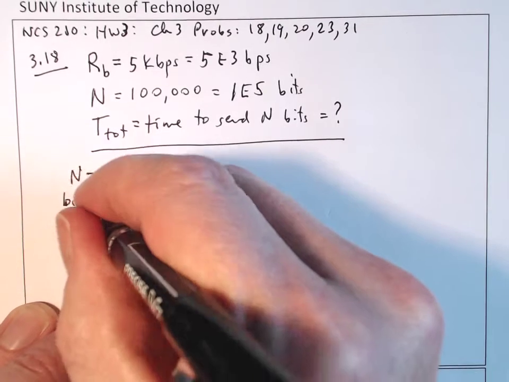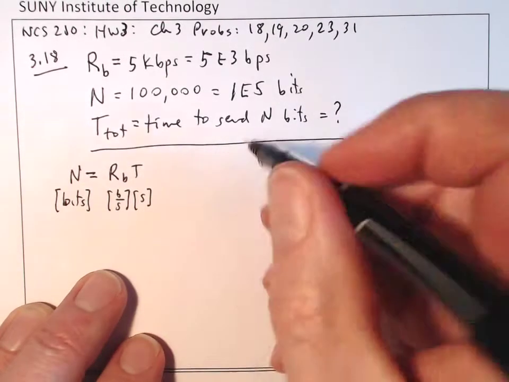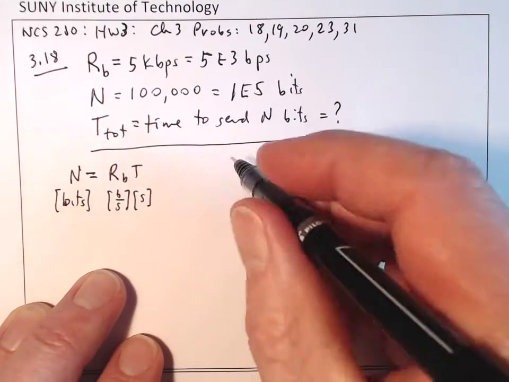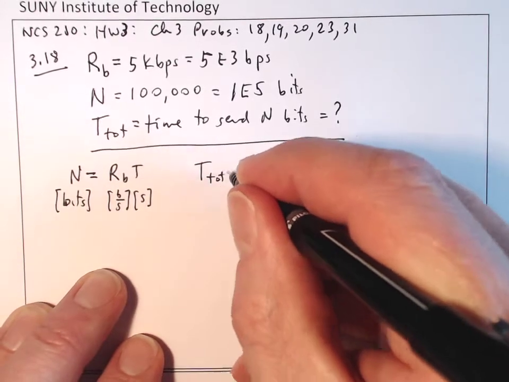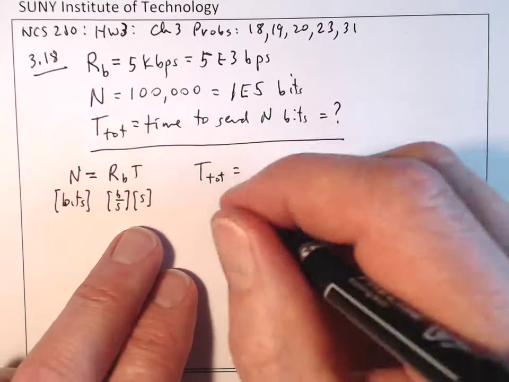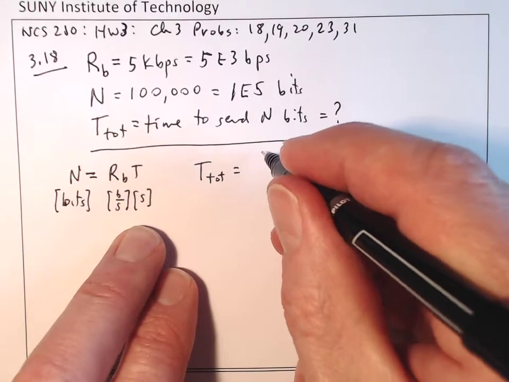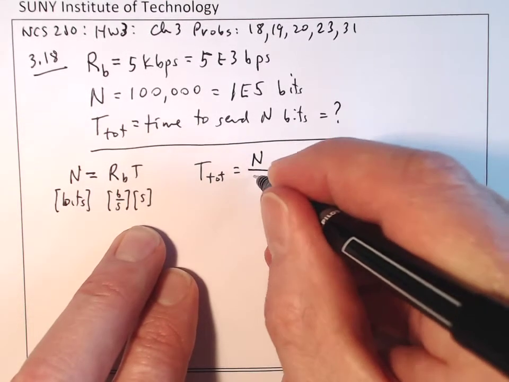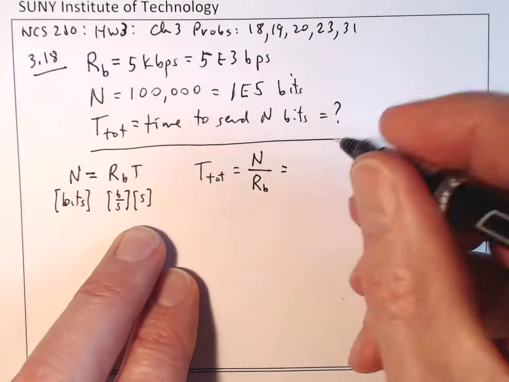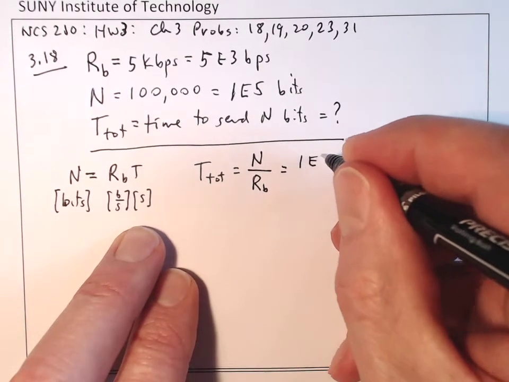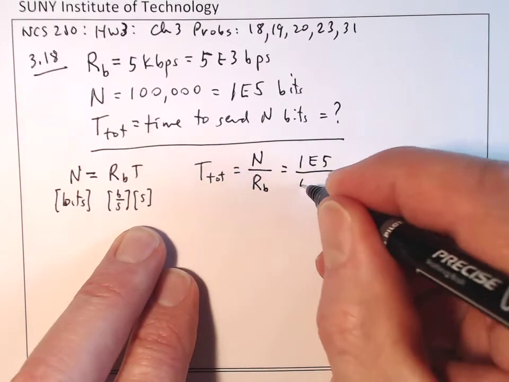And so I can solve for t here. T total is equal to the number of bits divided by the bit rate, so it's 1e5 over 5e3.